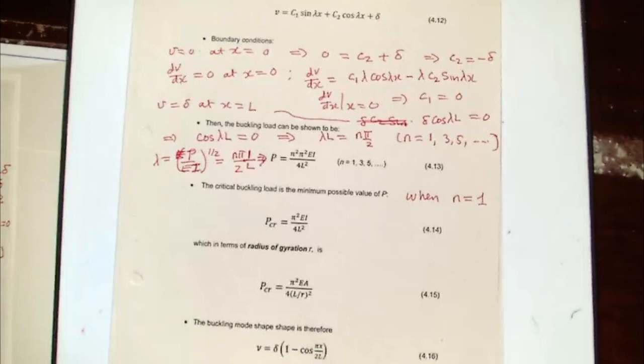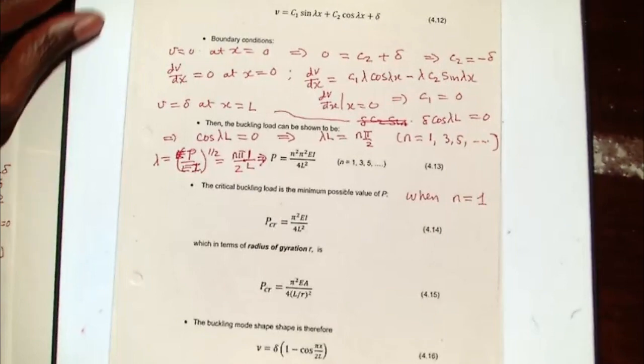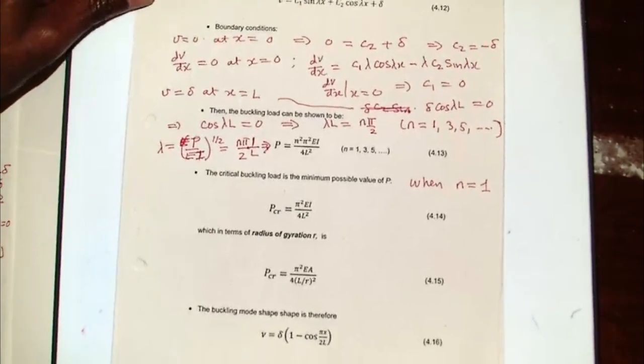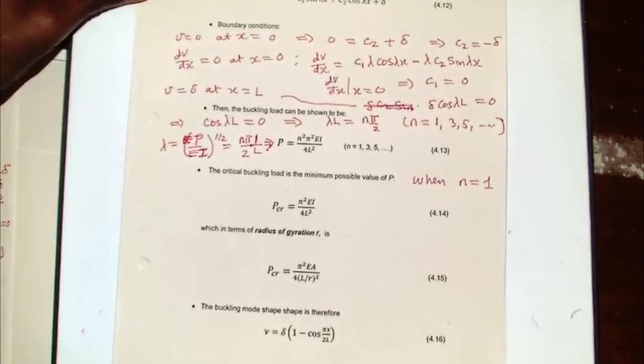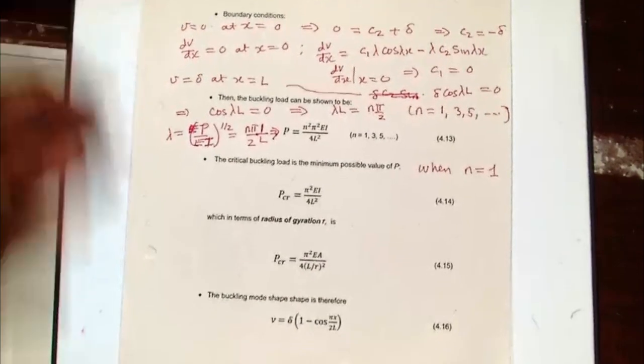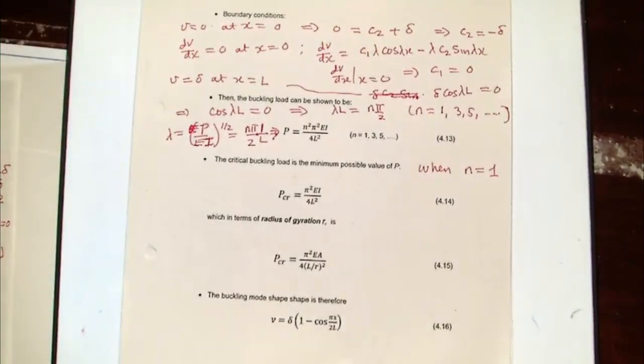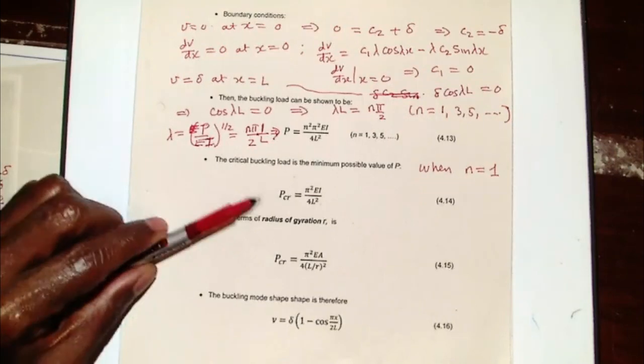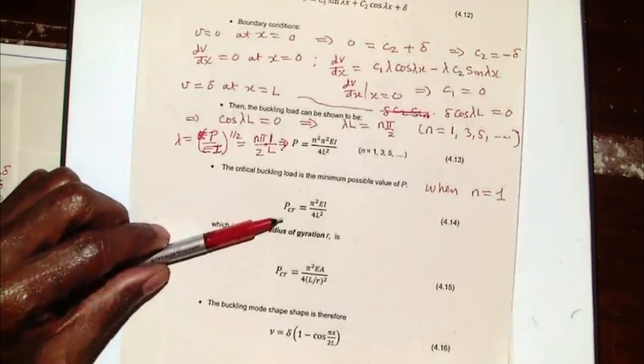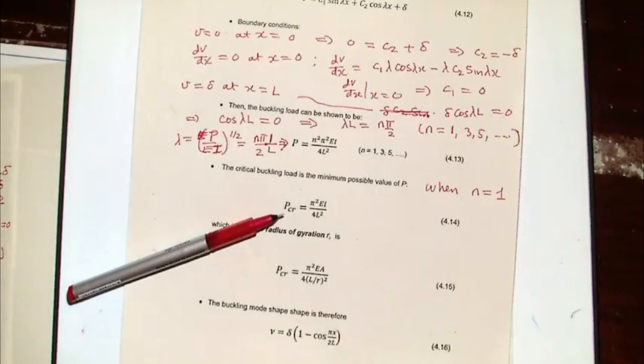So n equals 1 is the one that will happen first before the rest. So in design, we therefore base our design on the value of the load when n equals 1. And so we can determine the maximum load that we can apply, which is given by that. If you go above that load, then that structure will go that way, which is what we don't want.